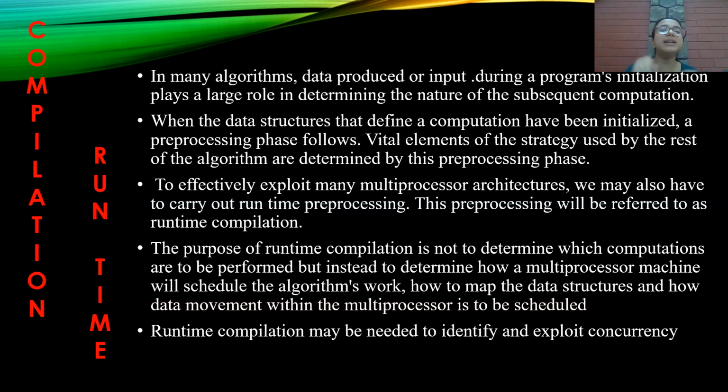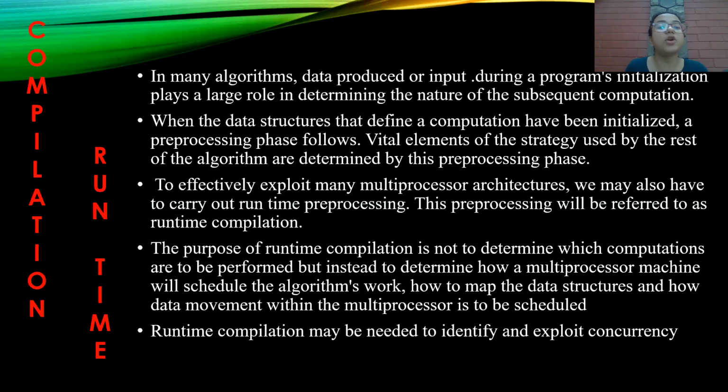To effectively exploit many multiprocessor architectures, where exploitation means to use all its features efficiently, we may also have to carry out runtime pre-processing. This is known as runtime compilation.